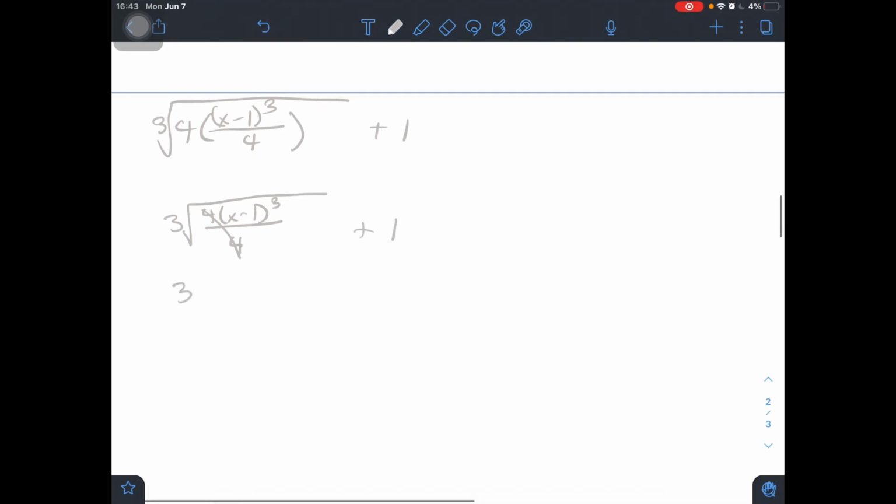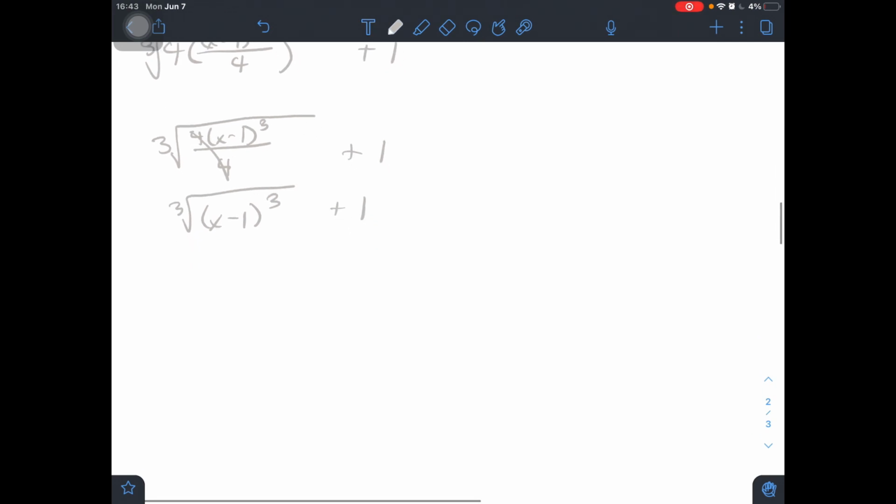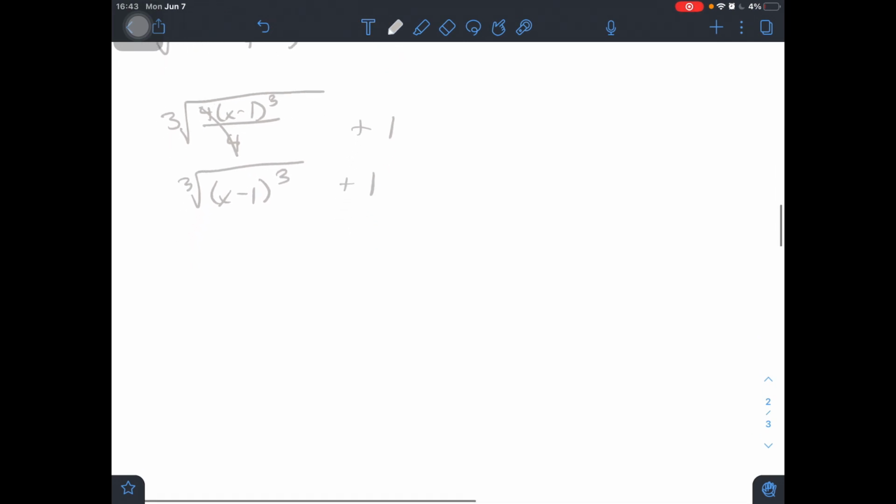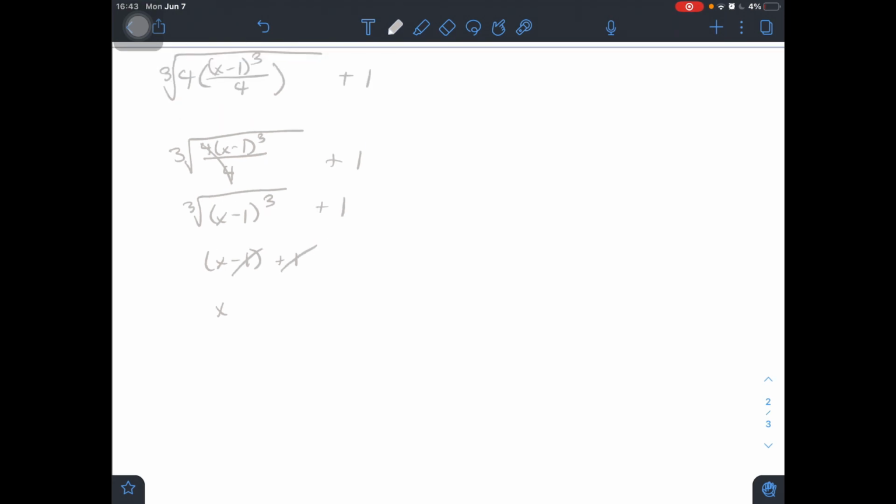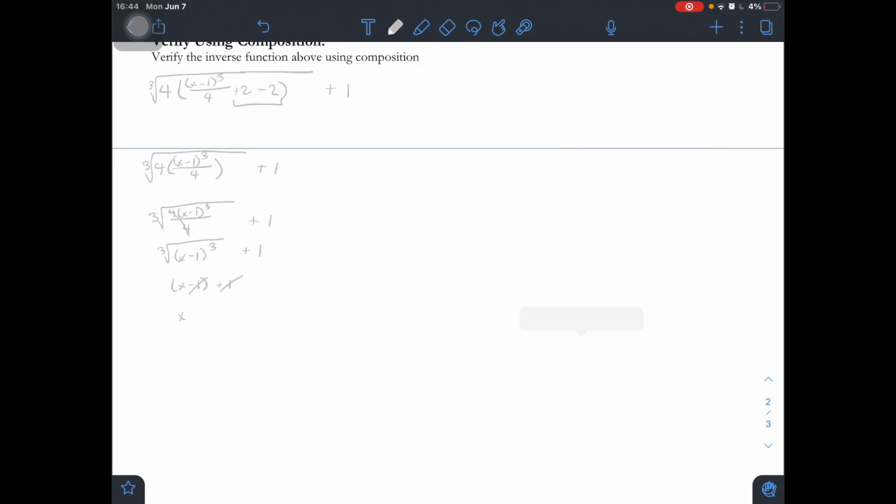So then you would just end up getting the cube root of x minus 1 cubed, plus 1. And then the cube root of something cubed is just going to be that something. So you would just end up getting x minus 1 plus 1, which is just x, because the 1's cancel out. So yes, these indeed are inverses. Alright, and that's it.